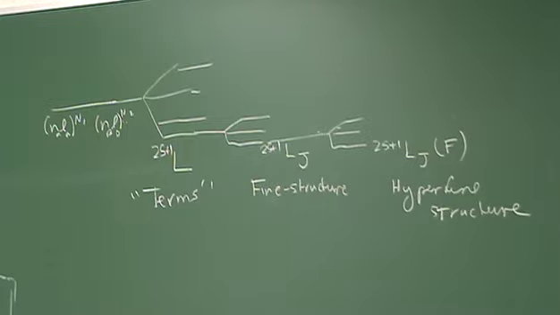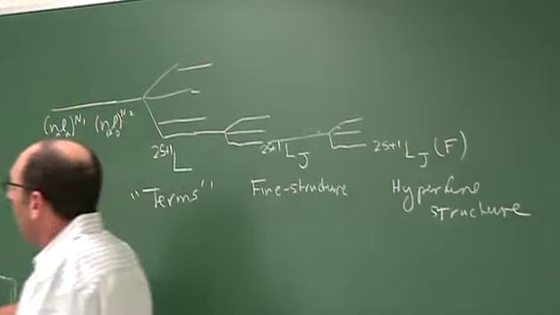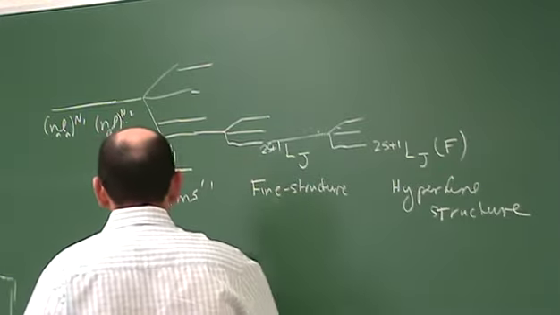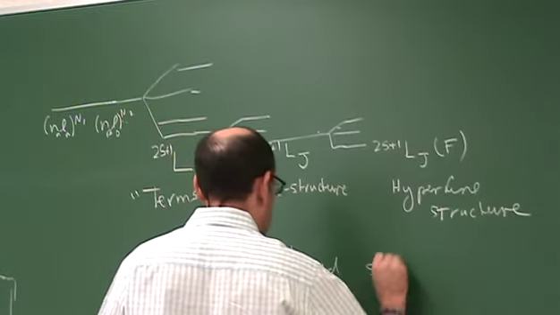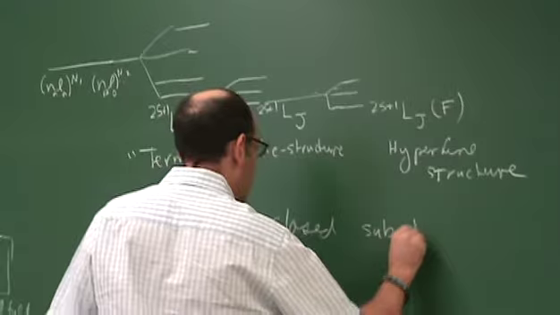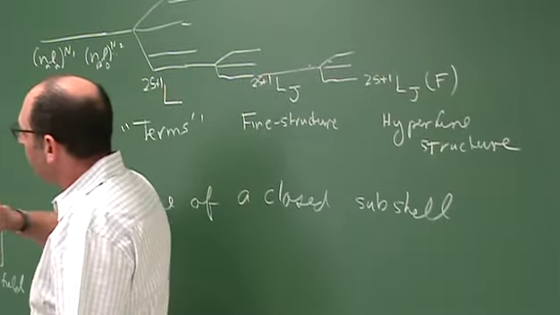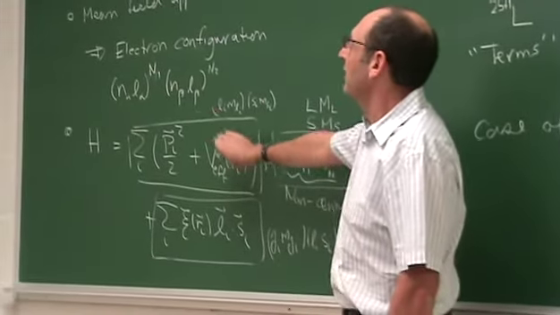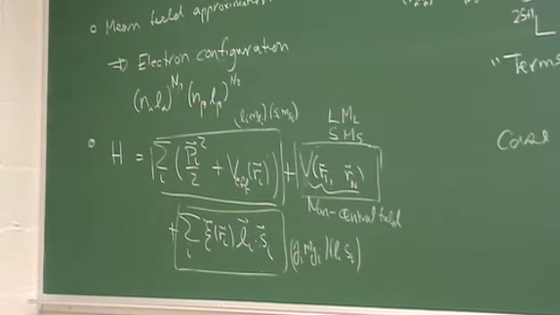Of course, the final thing we showed is, if we are looking at a particular case of a closed subshell, then as we discussed last lecture, the central potential is a perfect approximation to the Hartree-Fock equation.